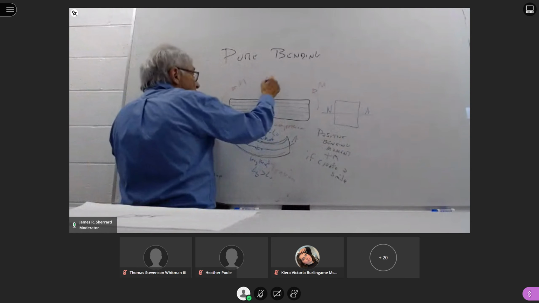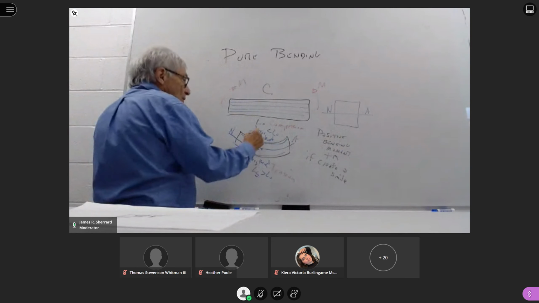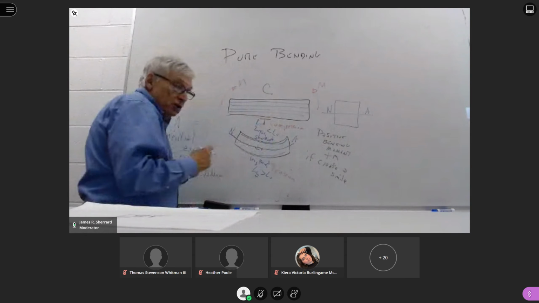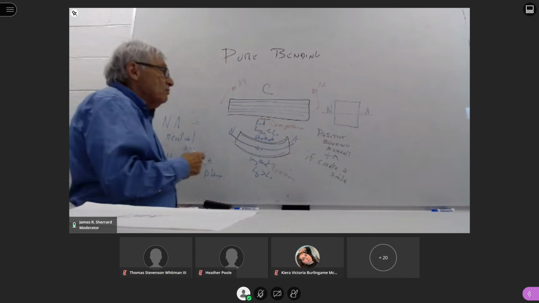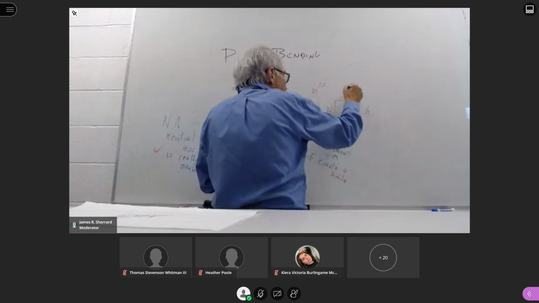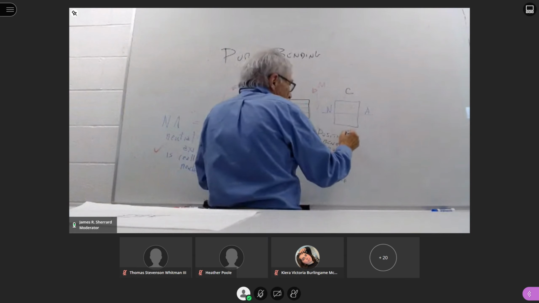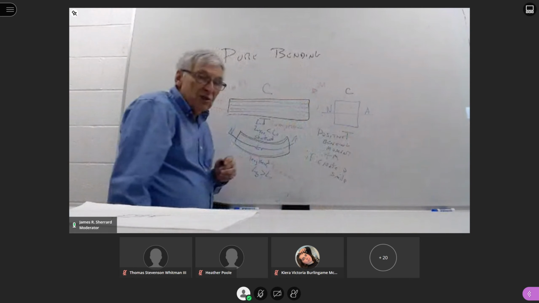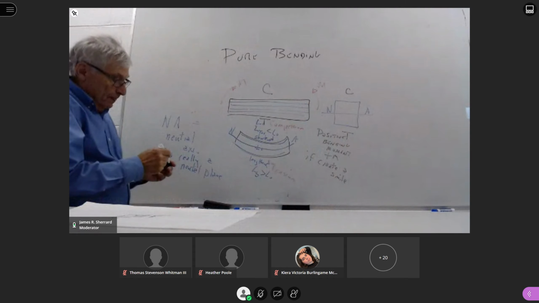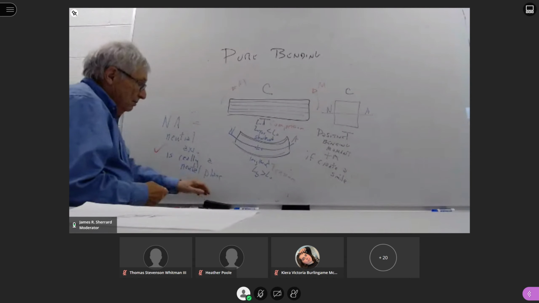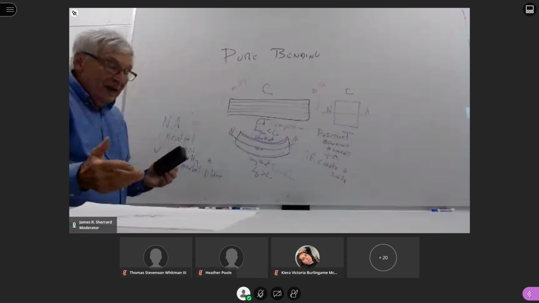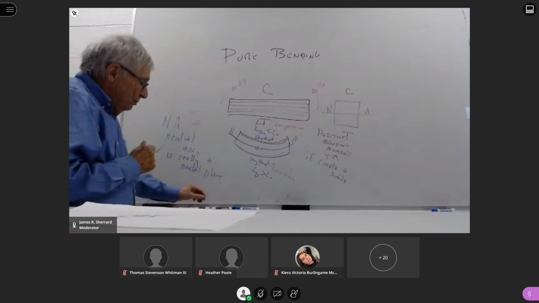So in this case, we know the top is in compression. We know the bottom is in tension. Likewise, in this view, we know the top is in compression and the bottom is in tension. We don't know anything else right now, but we know that that's true.